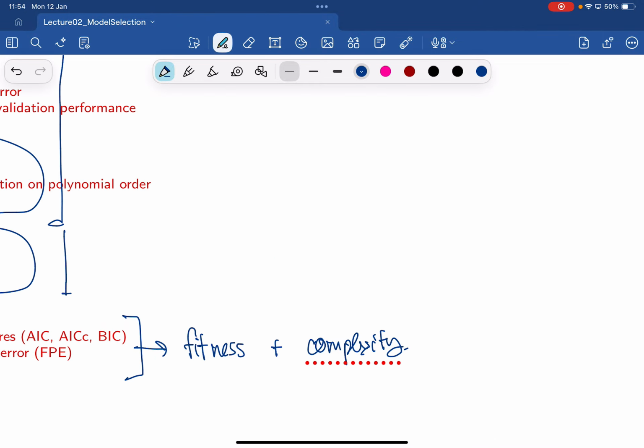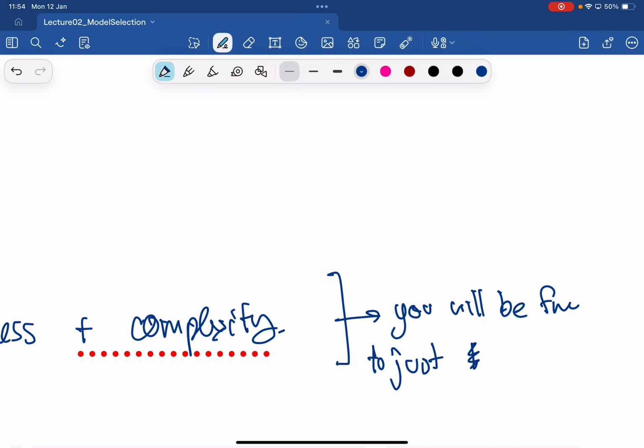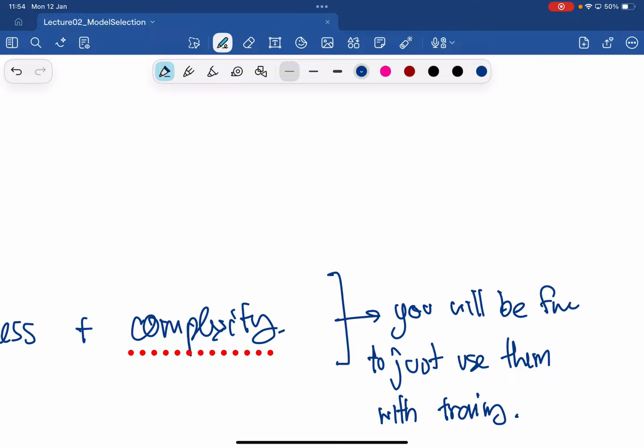So usually, with this score you'll be just fine. Just use them with training. But it will tell you pretty much nothing during the initialization phase, or maybe if your hyperparameters are unwell.